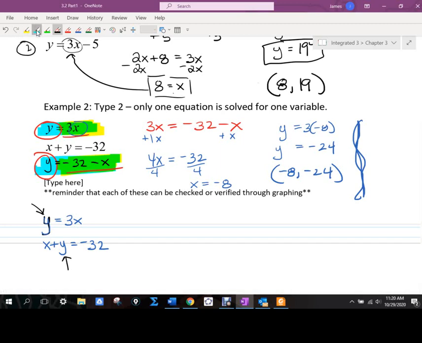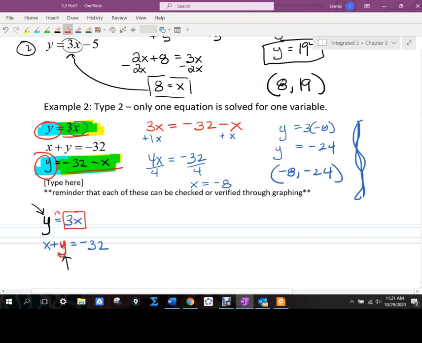Can I substitute? What do they tell me that y is in this first equation? Isn't the equal sign the word is? So it's saying y is the same thing as 3x, correct? So down here in the second equation where I see y, what can I replace that with?